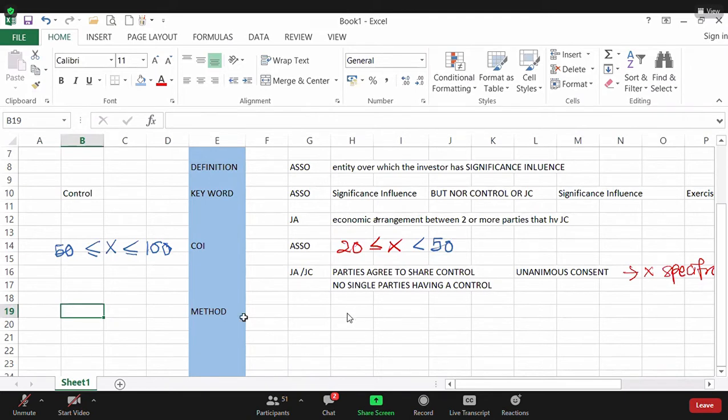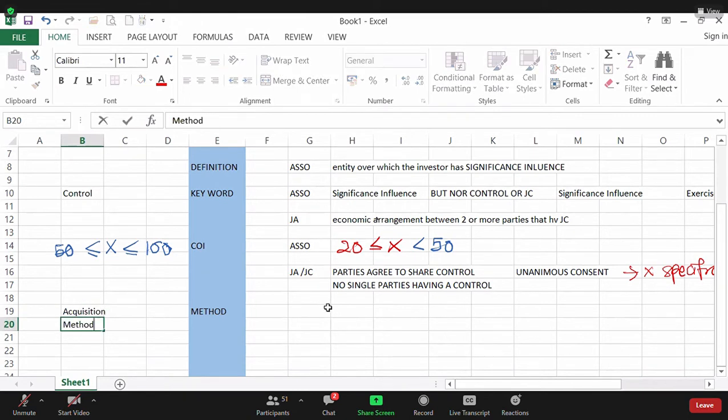Acquisition method, madam? Yep, thank you. So acquisition method, if you are subsidiary.